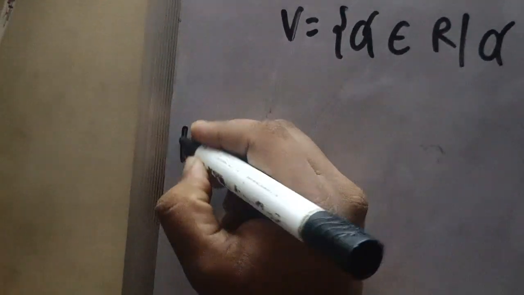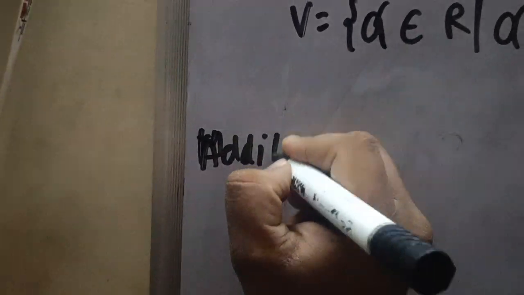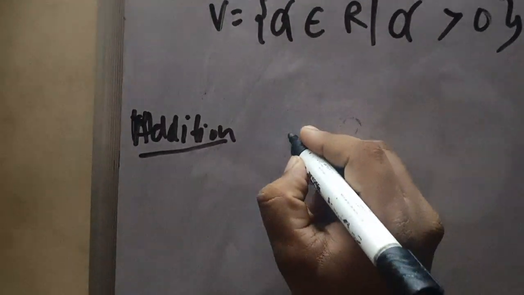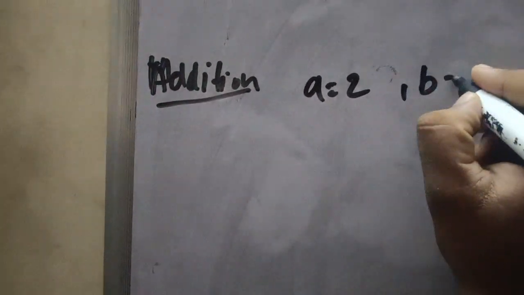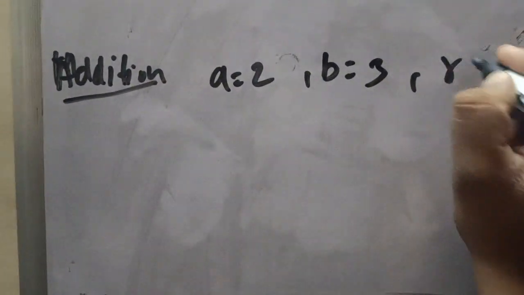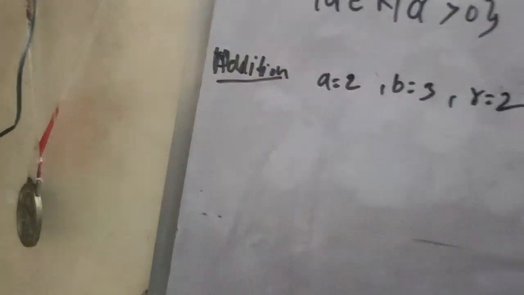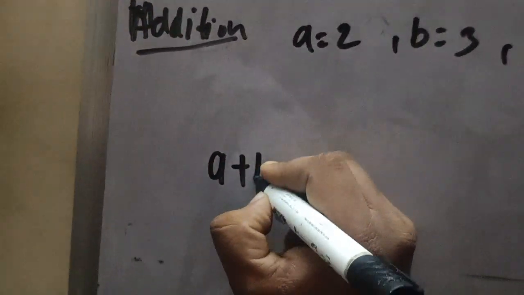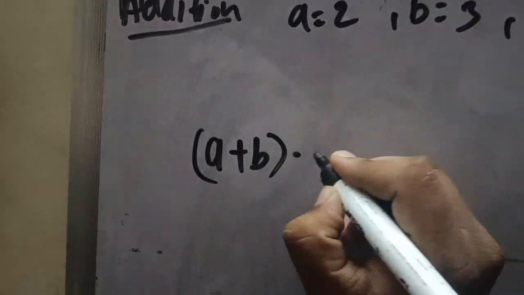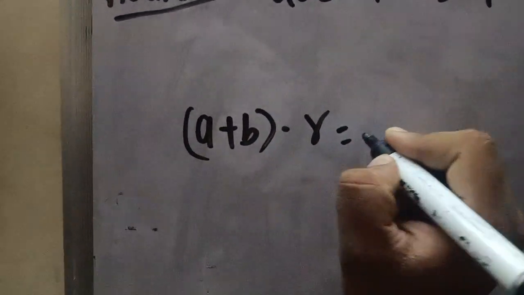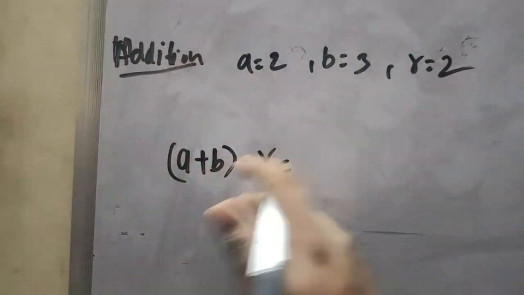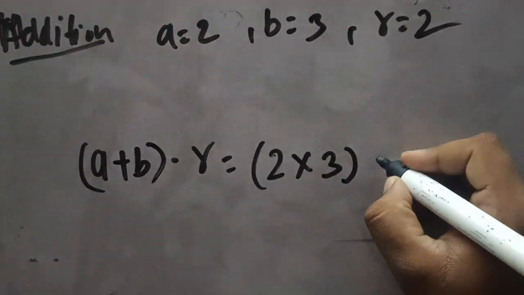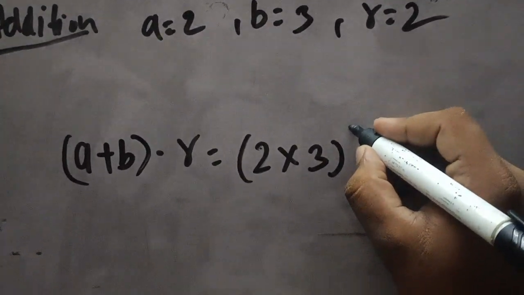For the addition scenario, let's say a is 2, b is 3 and r is also 2. We will add a plus b, which is basically 2 multiplied by 3, and it is raised to r.